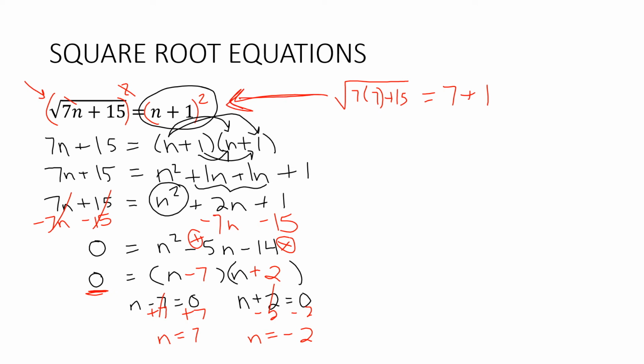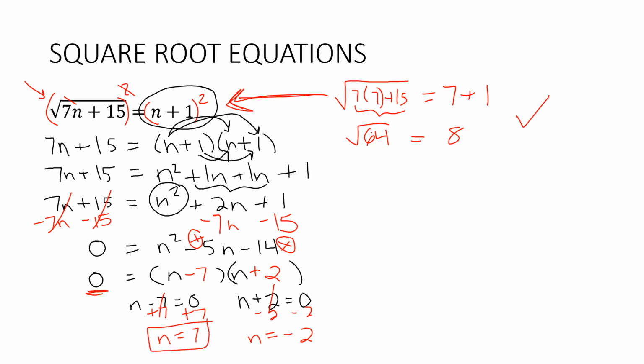So let's see, this would be 7 times 7 is 49, and 49 plus 15 is 64. And over here, 7 plus 1 is 8. Now, is that true? Is the square root of 64 equal to 8? Yes, it is. So this answer works just fine.